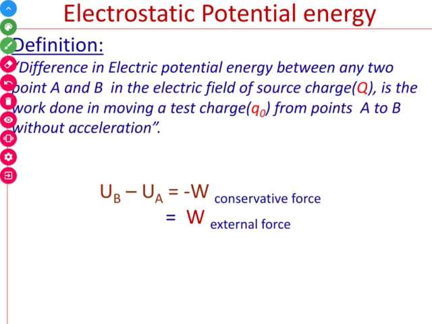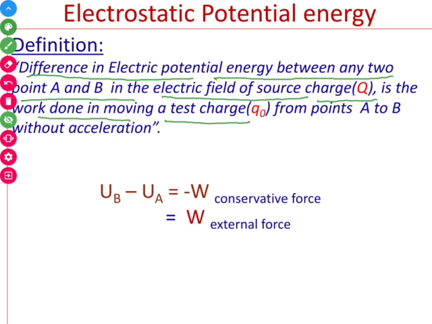So what is the definition of electrostatic potential energy? The difference in electric potential energy between any two points A and B in the electric field of source charge Q is the work done in moving a test charge from point A to point B without acceleration.